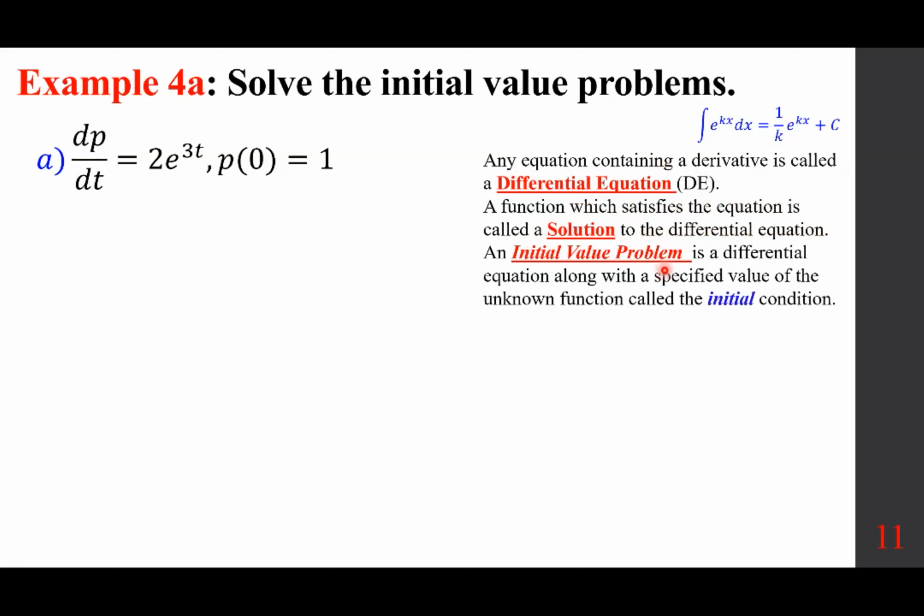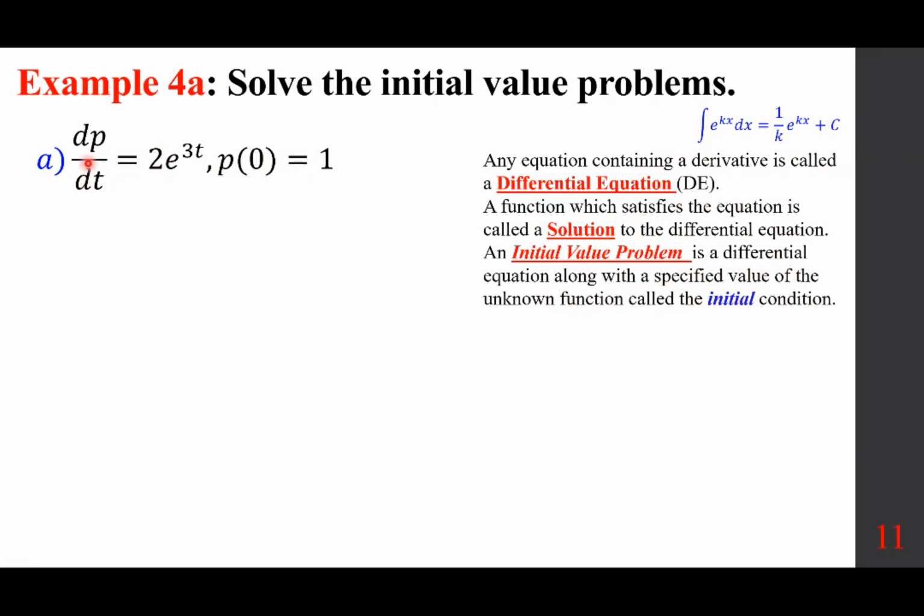An initial value problem is a differential equation along with a specified value of the unknown function, called the initial condition. So what happens is this causes us to get rid of the constant. So for now, I want you to ignore that and just deal with this.